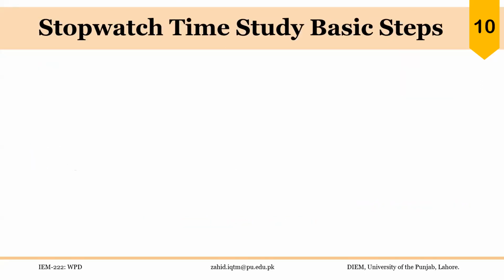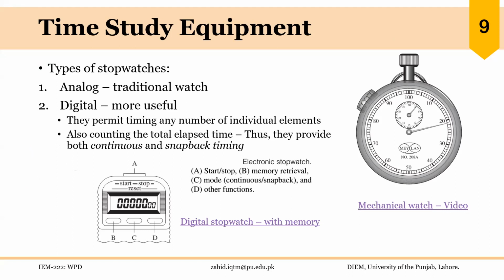So stopwatch time study uses a stopwatch. Traditionally an analog stopwatch was used, but nowadays a digital stopwatch is commonly used, and it has some features that make it convenient to perform the time study. Such a watch permits timing any number of individual elements and also counting the total elapsed time.